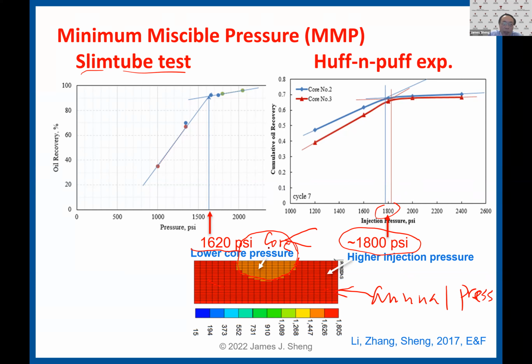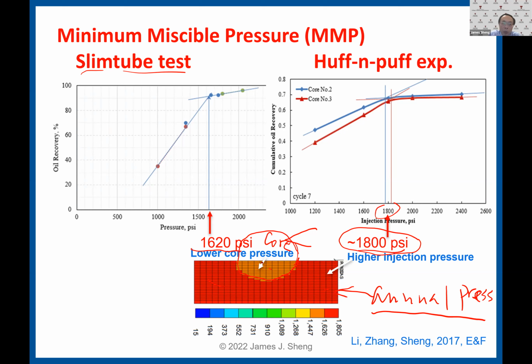Although the annulus pressure is high, in the actual core, where the CO2 contacts the oil, that pressure is lower than the annulus pressure, because the core is very tight. So here is, for example, 1800, but inside this core it will be lower than 1800 psi.